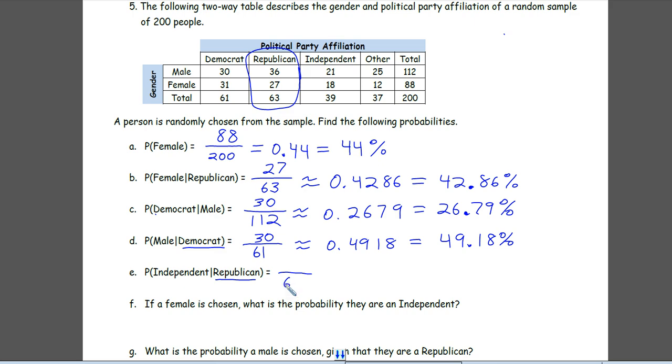There's 63 Republicans, and of those Republicans, how many of them are independents? Well, none of them, right? Because they're all Republican. So that's 0 out of 63, which is just a 0% chance. And that's an impossible event, right? Because there's no way you're going to get an independent if you know the person's a Republican.